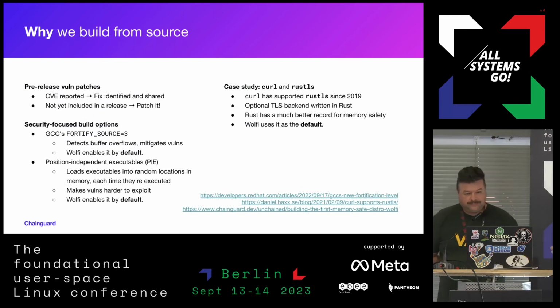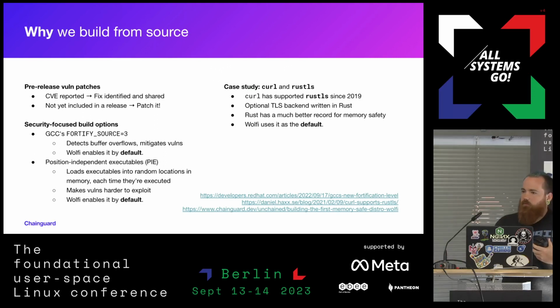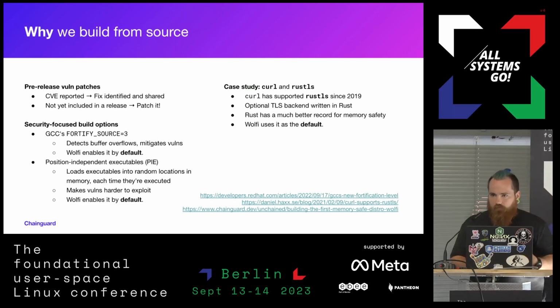Yep. So like Carlos was saying, there are lots of options when you go to build software. We all know that. There's lots of options for GCC. There's lots of options for Go. And when we say secure by default, we're saying that when we build this software based on the pipelines that we have, these are the defaults.